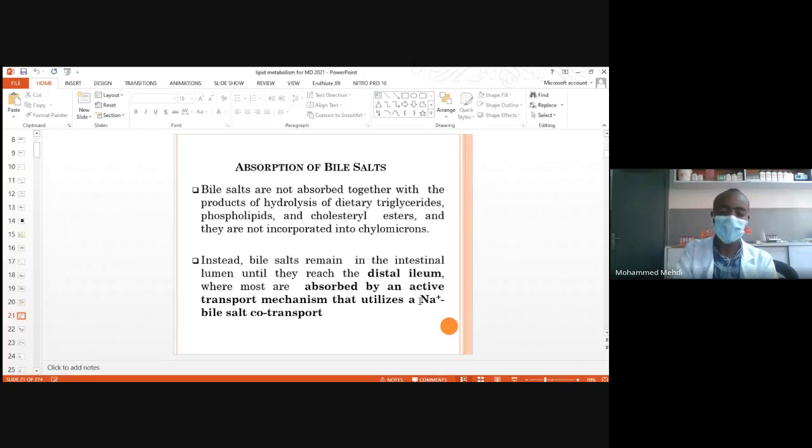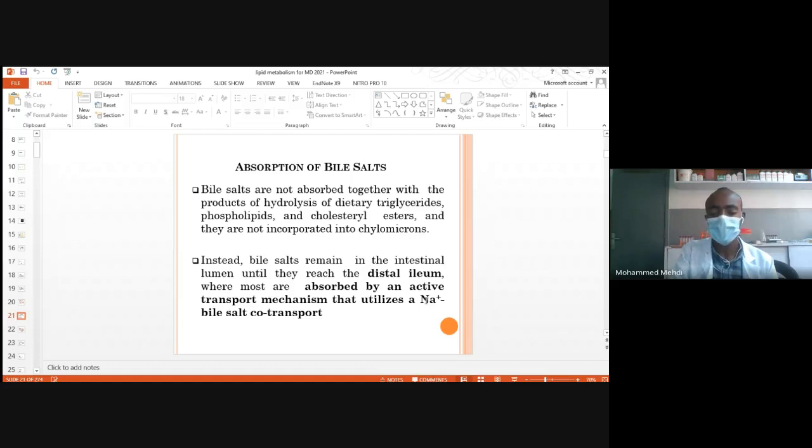Sodium dependent means it is active. The sodium concentration is adjusted by the sodium potassium pump, or sodium potassium ATPase, to keep the inside low. As a result, bile salts are transported into enterocytes.